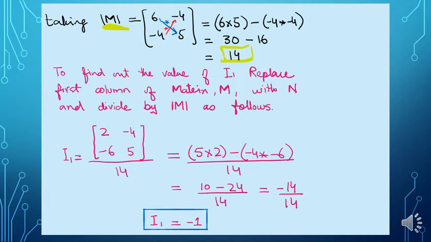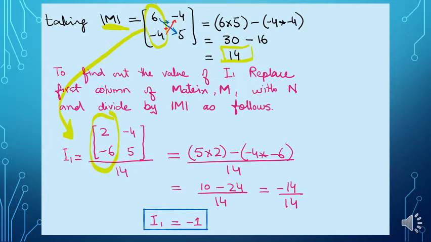Now, if we have to find the value of current I1 and I2 with the help of the determinant method, we have to put the values which were on the right hand side after the equal sign in place of the first column. We remove these values 6 and minus 4, and put the values which were after the equal sign.